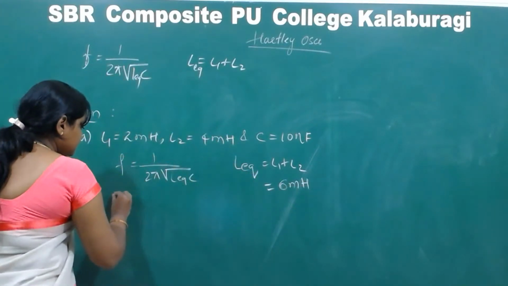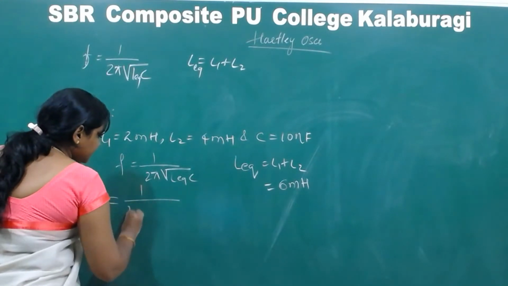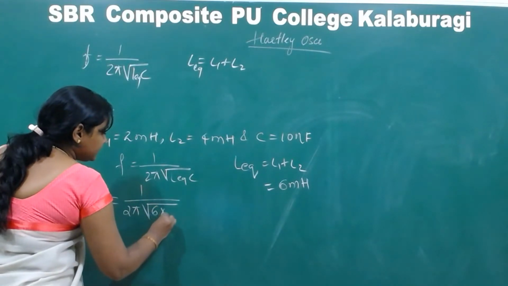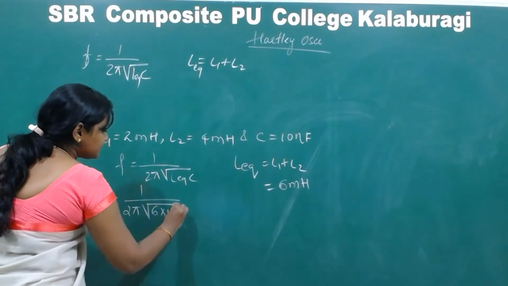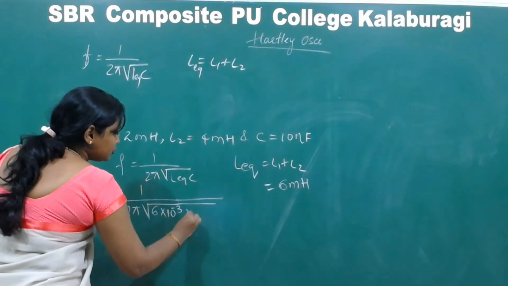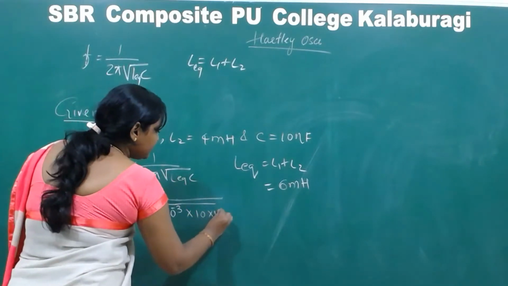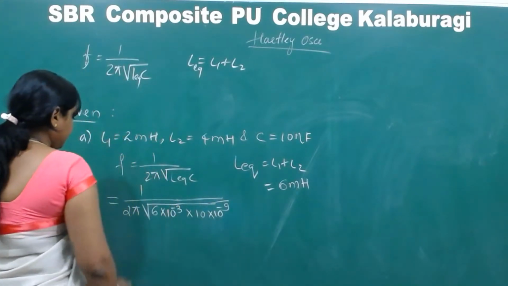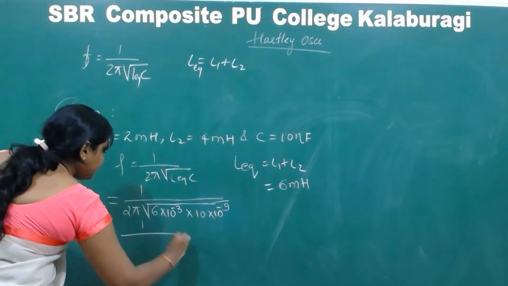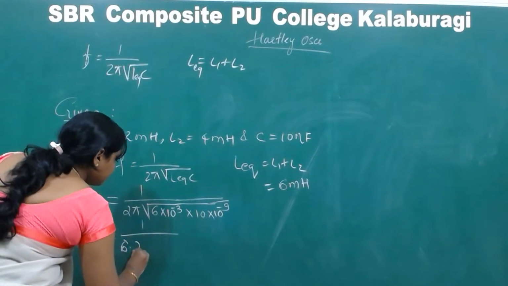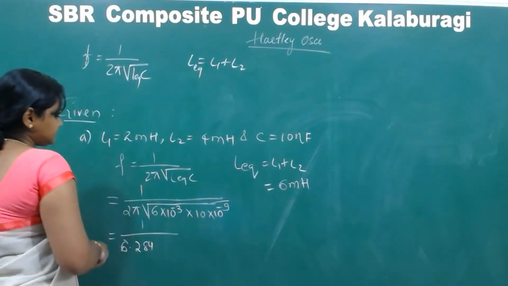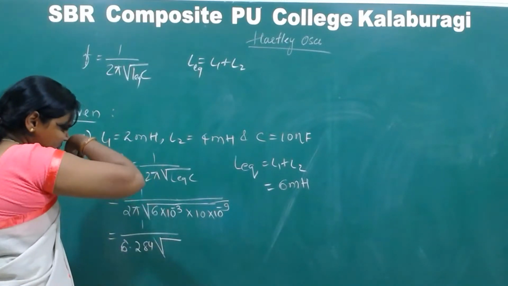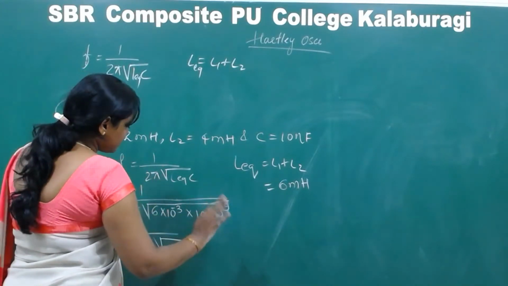We are going to substitute here now. 2 pi root of 6 into 10 to the power of minus 3 into 10 into 10 to the power of minus 9. 1 by 6.284 root of this makes a total of 12, so I am keeping it as it is.